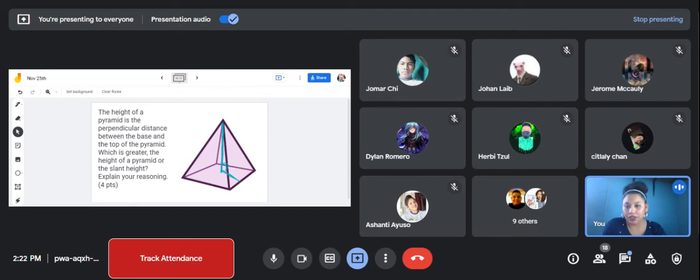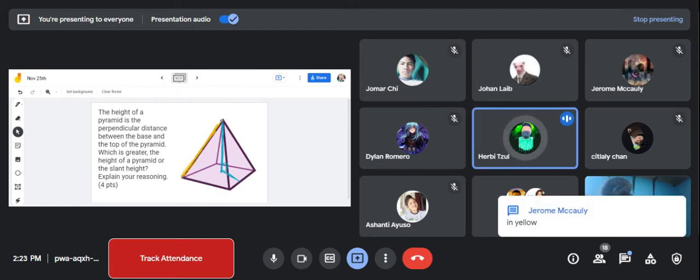Which is greater, the height of the pyramid or the slant height? So this question is asking you, and this is to some extent common sense, but you have to give your reason behind it. Which one is bigger, the line in blue or the line in yellow? This one, the height, is the greatest.